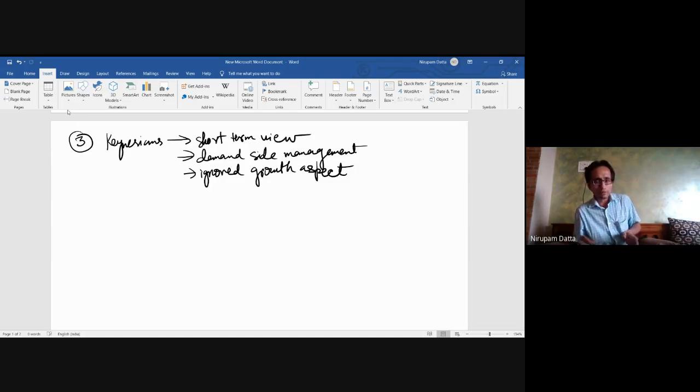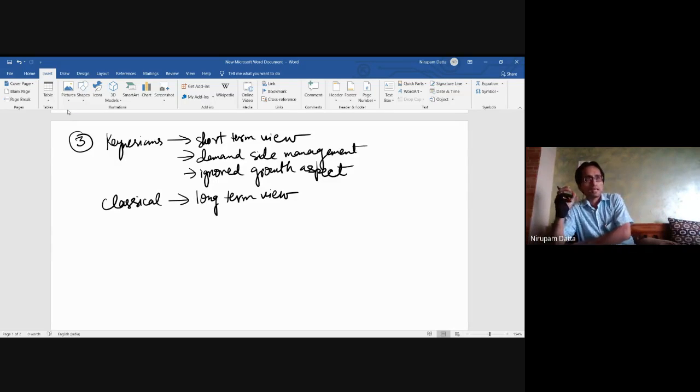But when we speak about the classical economists, they always had a long-term view. And what did they say? That output is always a function of technology and the level of employment in the economy, which is the full employment equilibrium.